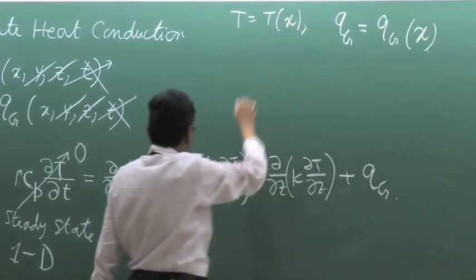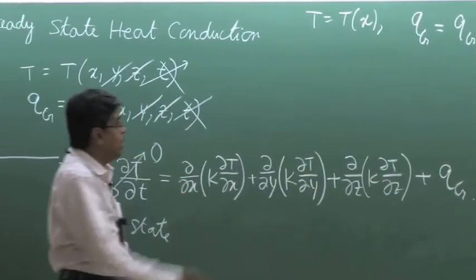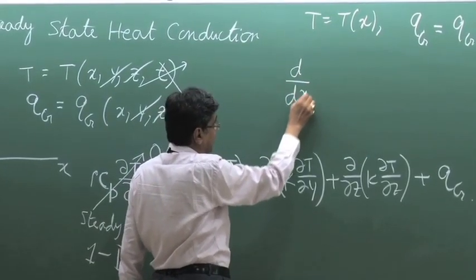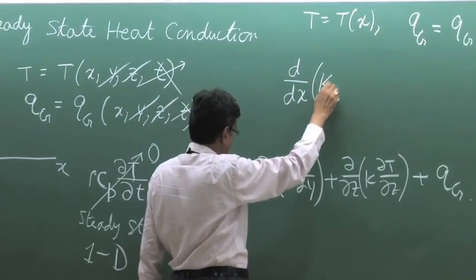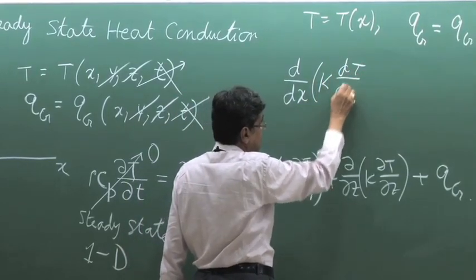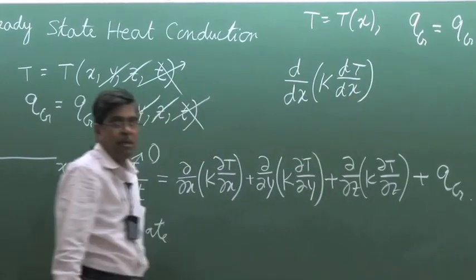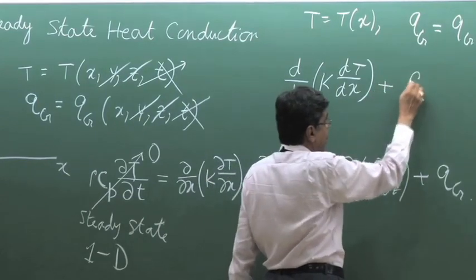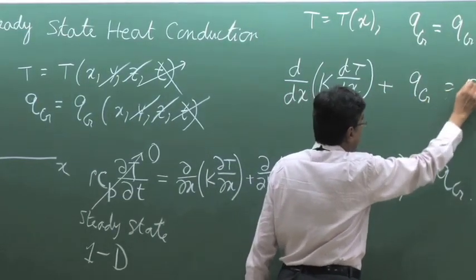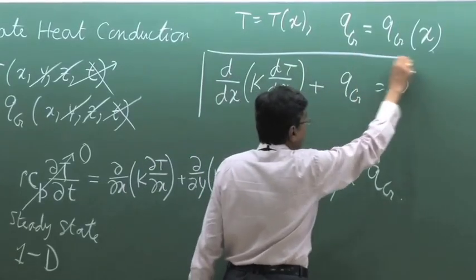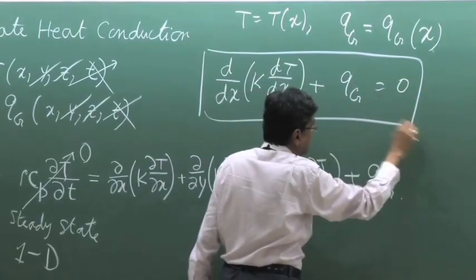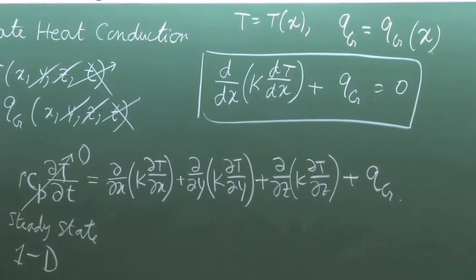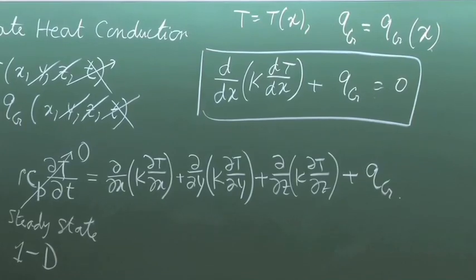We can write, instead of partial derivative, we can now use ordinary differentials, d dx of k dT dx, ordinary differential because T is a function of x only, plus Qg is equal to 0. And this is the equation for steady one-dimensional heat conduction.